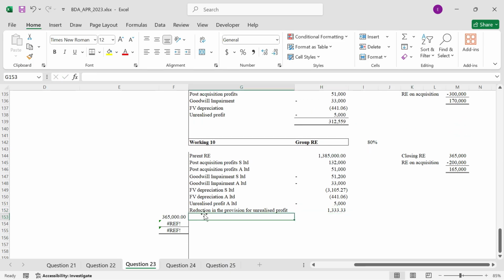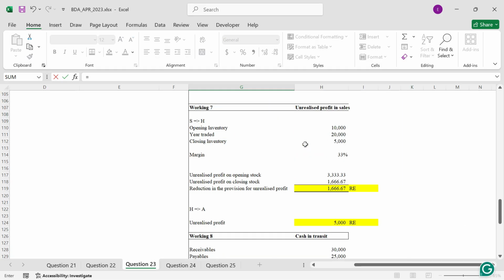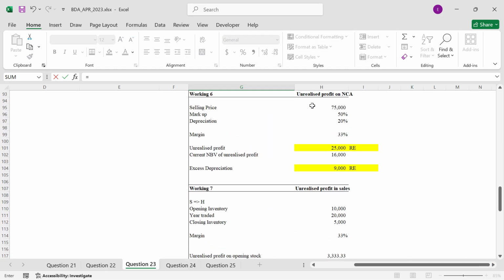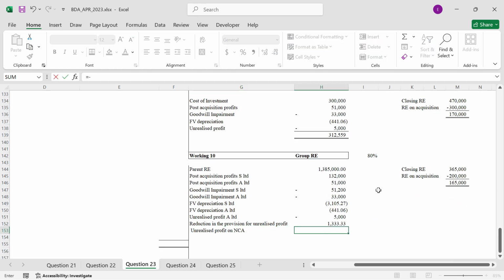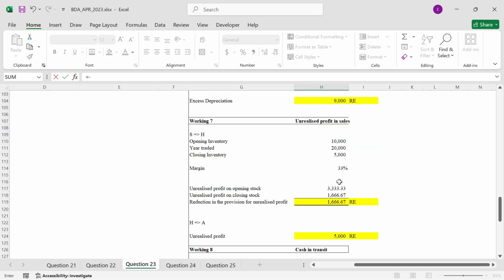Beyond this, I have unrealized profits on non-current assets. So this would be, I have the label here, unrealized profit on NCA equal minus the whole amount of 25,000.